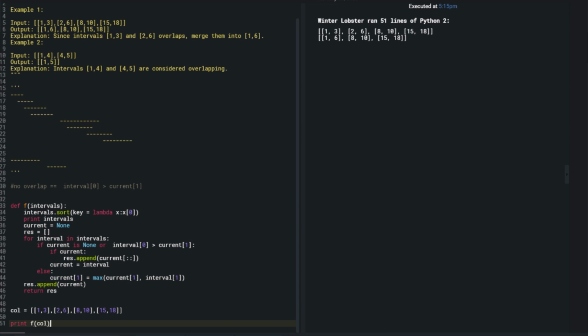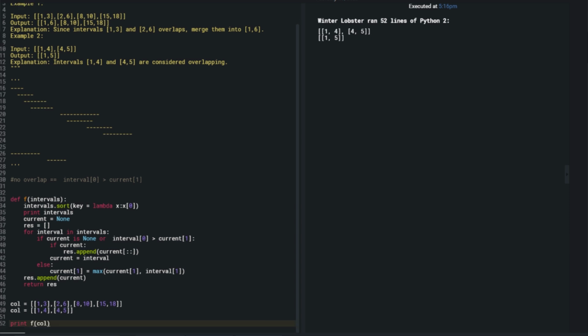Okay. The next one, okay, it sounds okay. And let's try this one. Right, and this pretty much also merges out correctly.